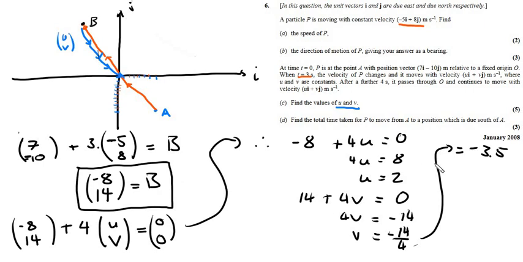And so we have our vector. The value of u is 2. The value of v is negative 14 over 4, or negative 3.5. And the velocity vector from B onwards is going to be (2, -3.5).